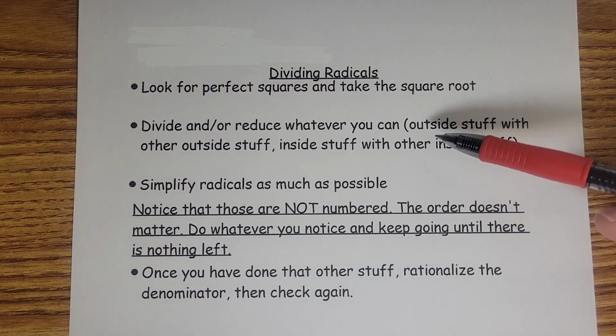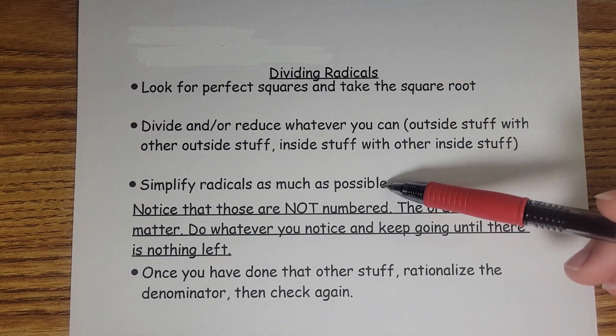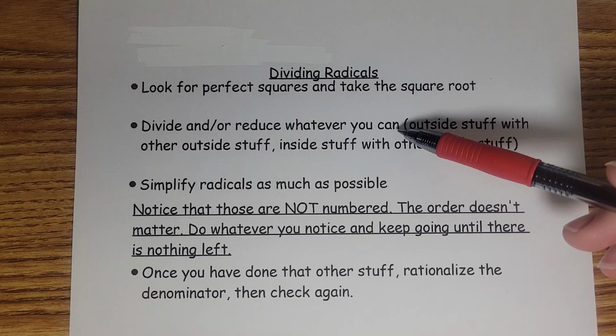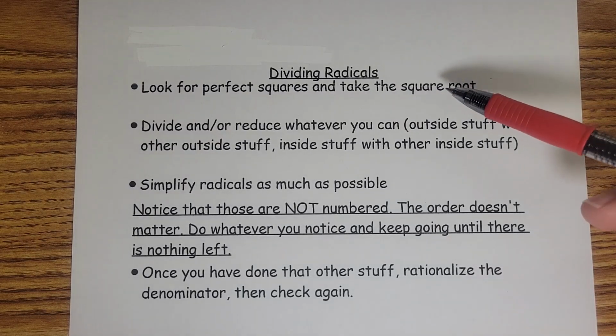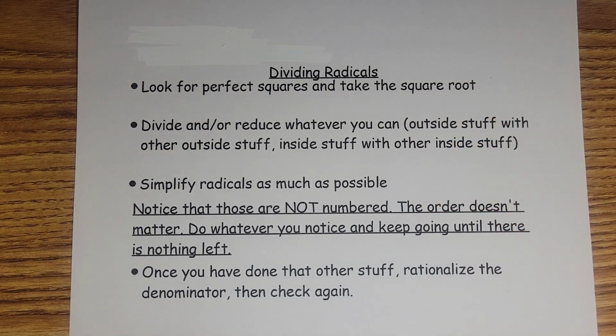Or you'll not think you can do anything, you'll start simplifying radicals, and after you simplify, you'll realize, oh, now I could always divide or reduce what I have now. So the order is not particular. Just if you notice you can do one of these three things, do it. That's what you need to do.